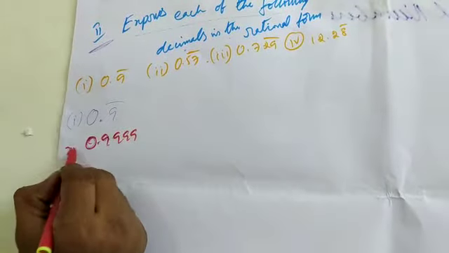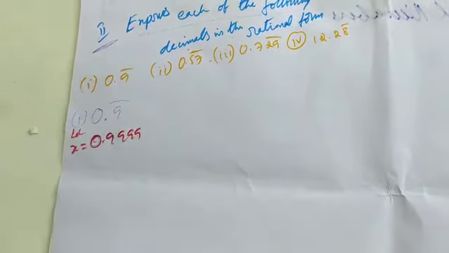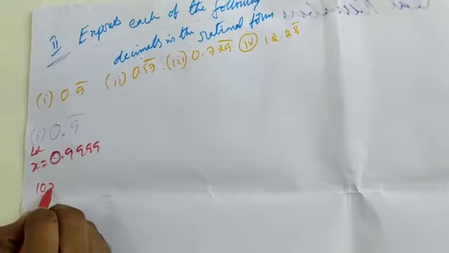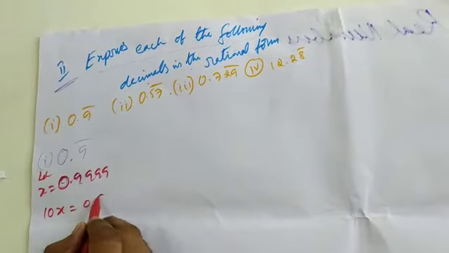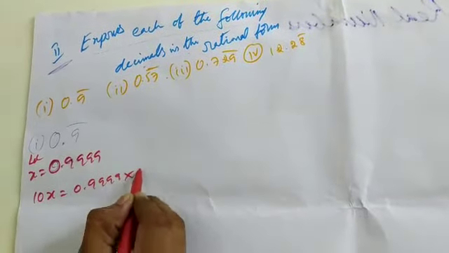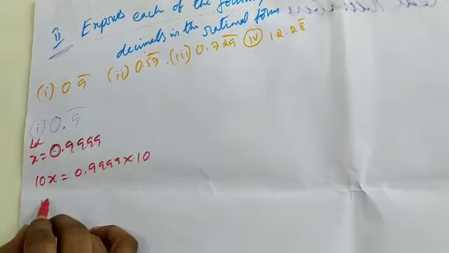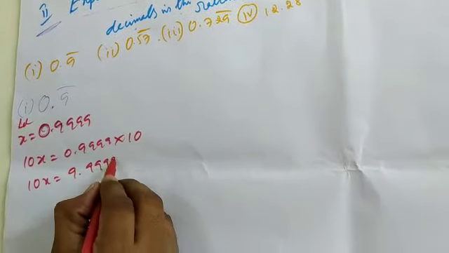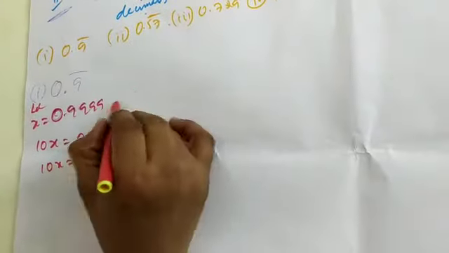Let x equal 0.999. Multiply both sides by 10, so 10x is equal to 9.999. This is equation 1 and this is equation 2.